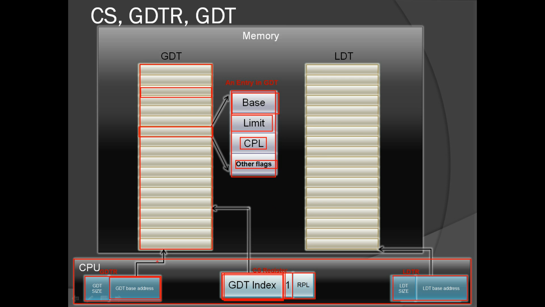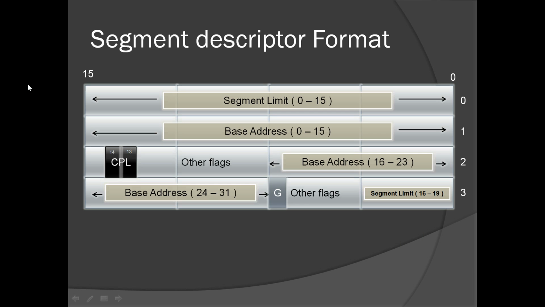So these things, the GDTR, LDTR, and CS register, are all inside the CPU, and all the tables, the GDT and LDT, which are the descriptor tables, are all in the memory.